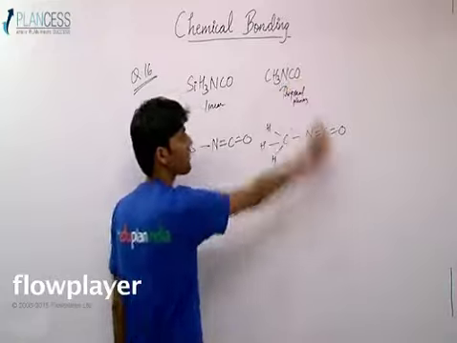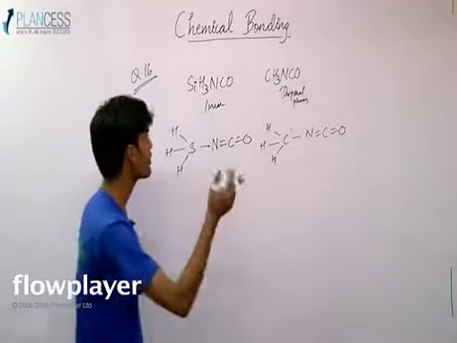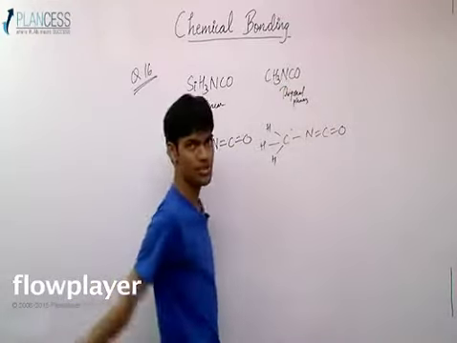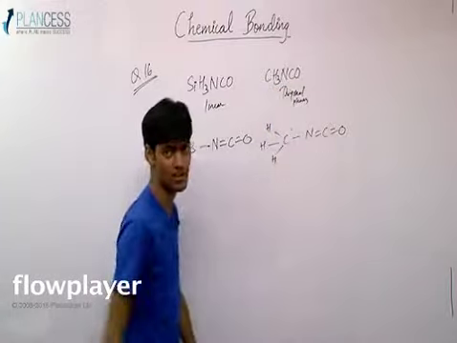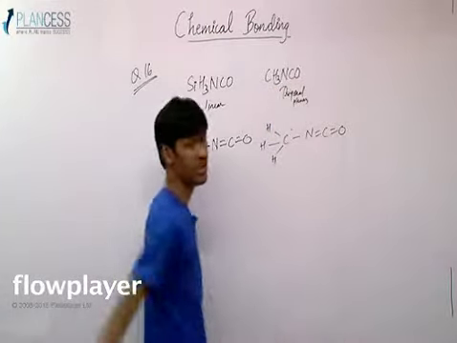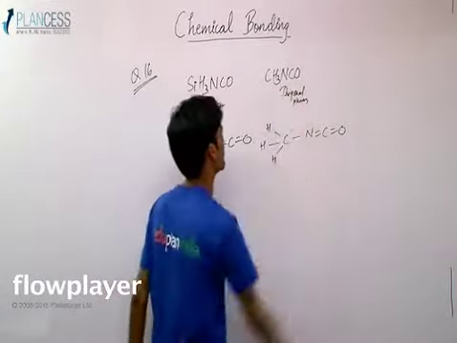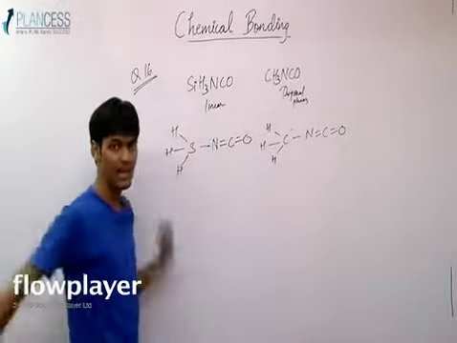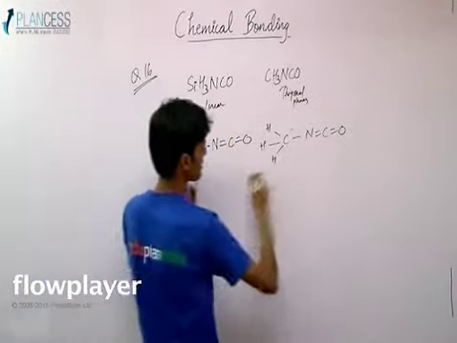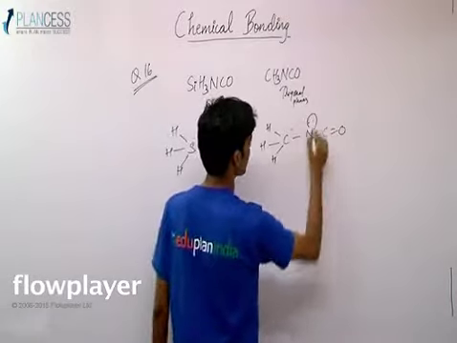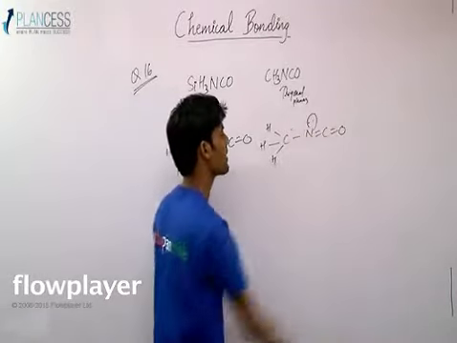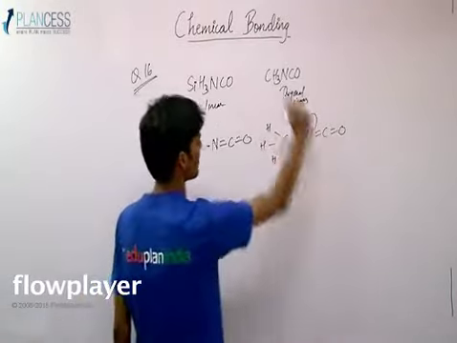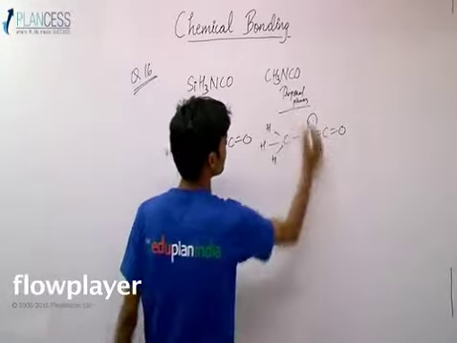NCO is an isocyanate group, and CH3 is a methyl, so its name is methyl isocyanate, and this one is silyl isocyanate. So this is the structure. You can say two bond pairs, one lone pair, sp2 hybridized. They're definitely trigonal planar.